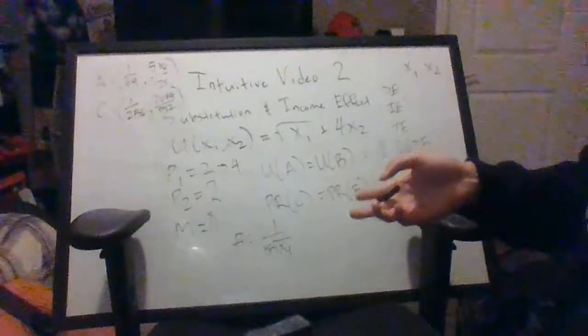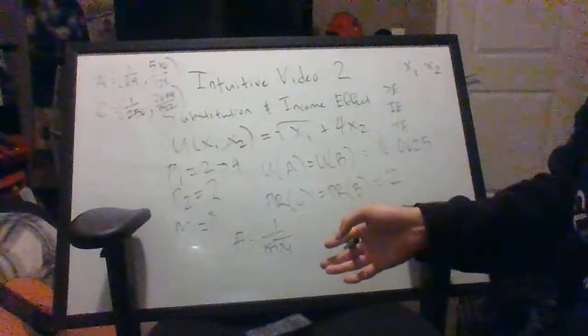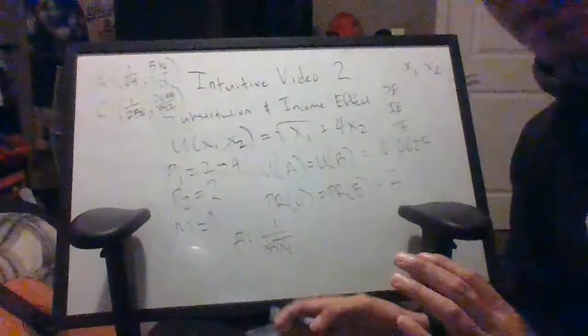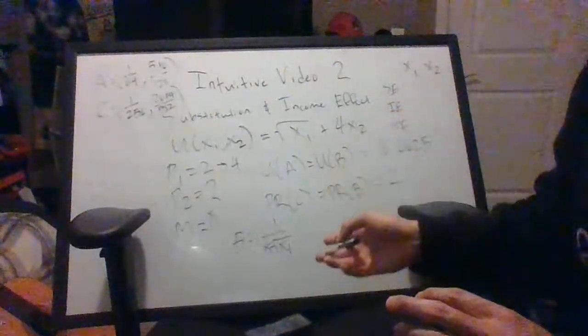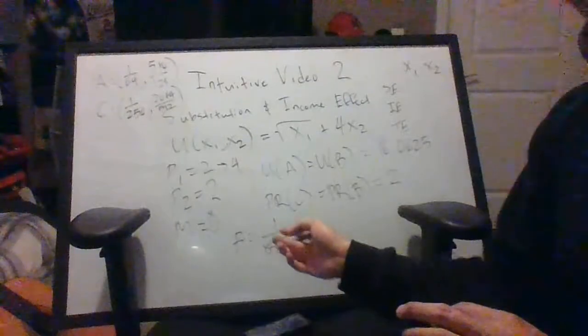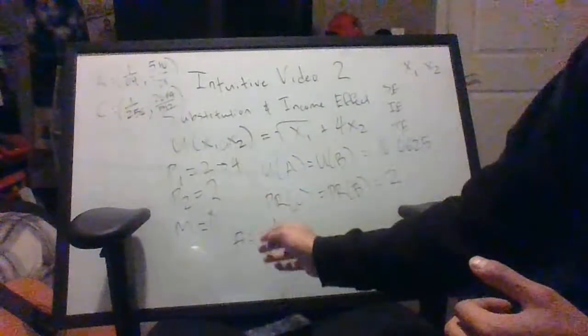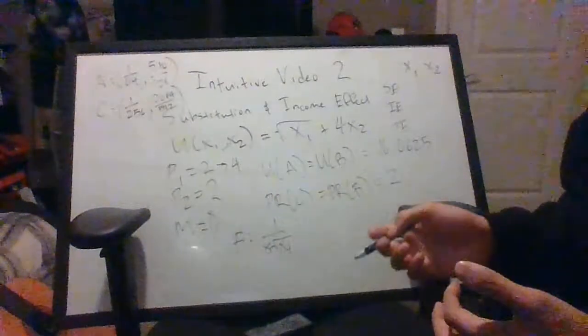This is what our MRS is. And remember, MRS stays constant throughout. The value that it can take on can change based off of the values that we plug in, but the equation itself is staying constant.